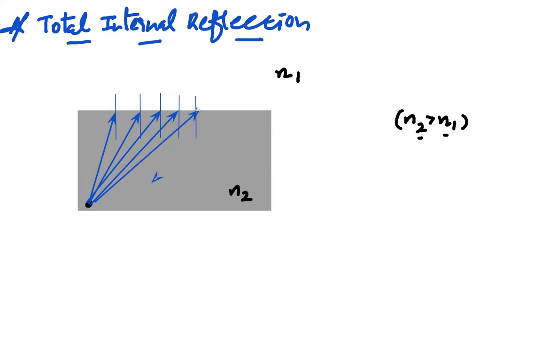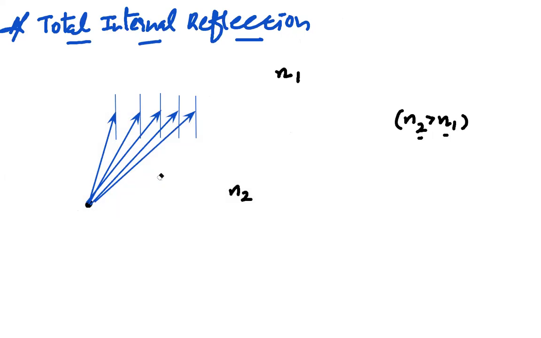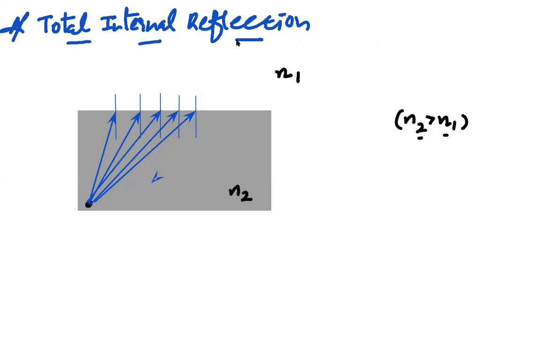You are aware that whenever my ray is coming out from the thicker media back into the thinner media, you can see what happened actually. Whenever my ray goes from the thicker media to the thinner media, it deviates its path, and the deviation is that it gets away from the normal.